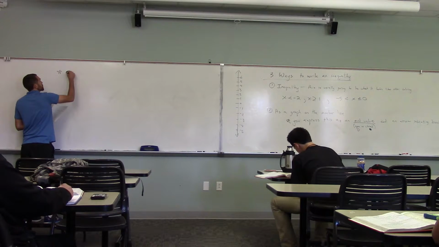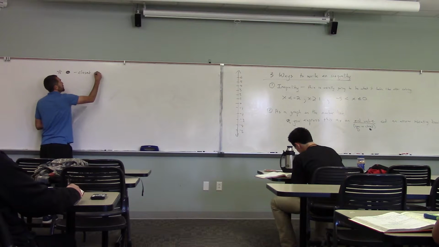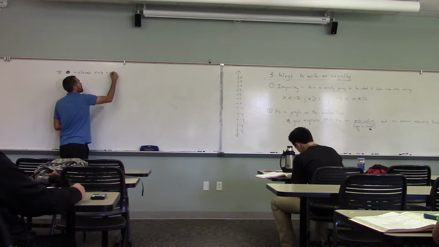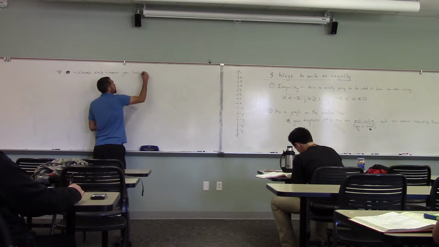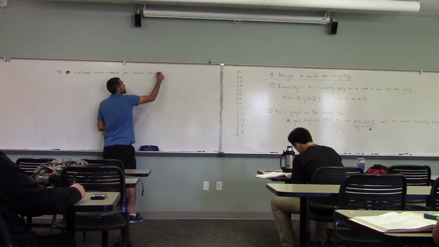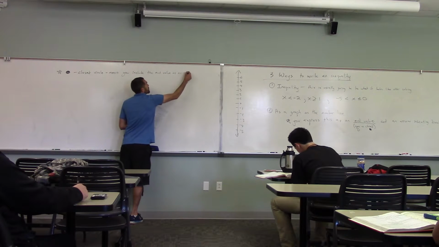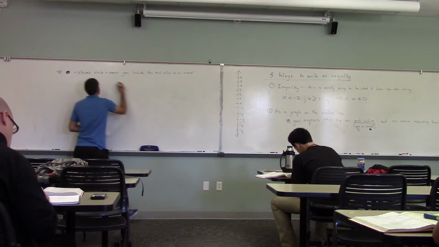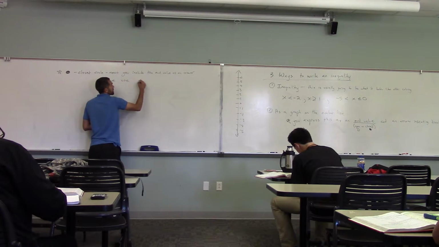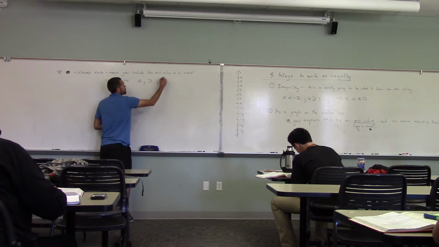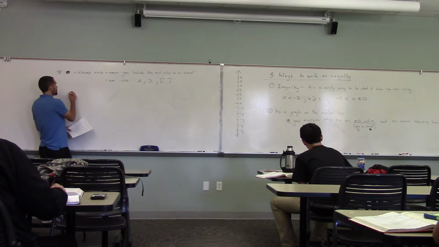A closed circle means you include the end value as an answer. So for this we use less than or equal to, greater than or equal to, or square brackets, which we'll talk about in a second.